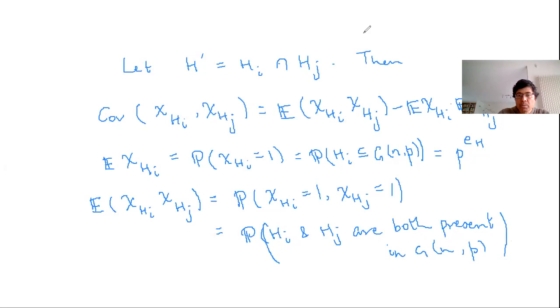So let's work that out. As before, to calculate the probability that something is present, we simply count how many edges there are for that event to occur.